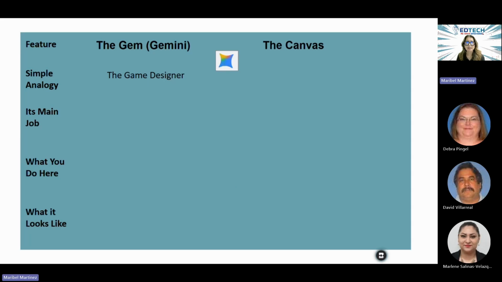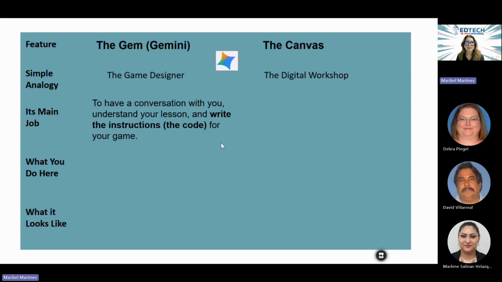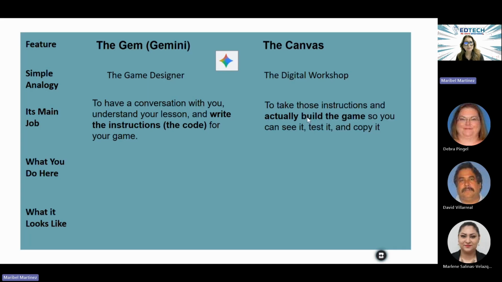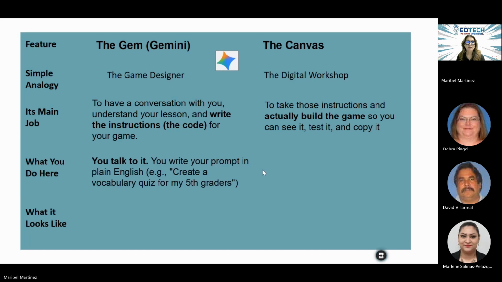The gem will be your game designer, but the canvas is the actual digital workshop. They go hand in hand. The main job of a gem is to have that conversation with you, to understand the lesson, to write the instructions, which is the actual code for your game. And the canvas will take those instructions and actually build the game so that you can see it, test it, and copy it onto your canvas.